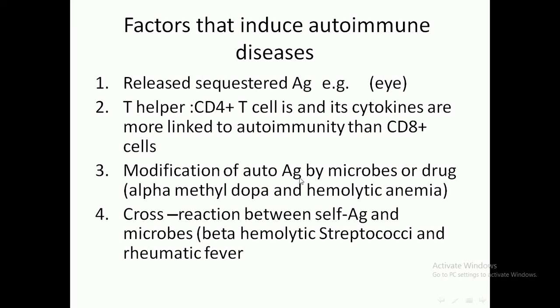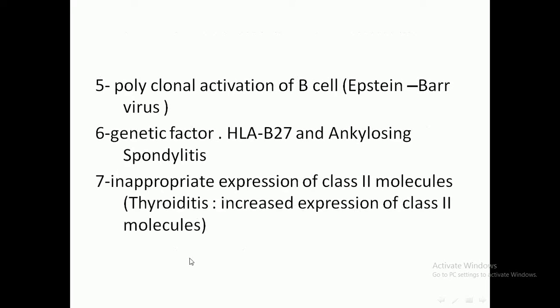Modification of the autoantigen by microbes or drugs, like methyldopa and hemolytic anemia, and cross-reaction between self-antigen and microbes, like beta-hemolytic streptococci and rheumatic fever, which is due to similarity between the heart valve and the structure of the streptococci. This leads to cross-reaction between this bacteria and the heart valve.